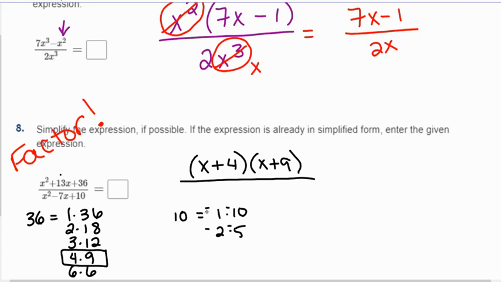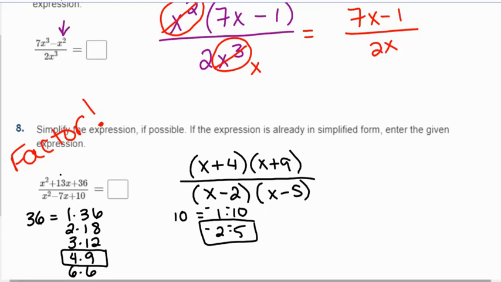So we could have -1 times -10 is positive 10. See how that works? We could have -2 times -5 is positive 10. Now, if I want them to add to equal -7, I'm going to choose the -2 and the -5. So the denominator is going to equal x minus 2 times x minus 5.